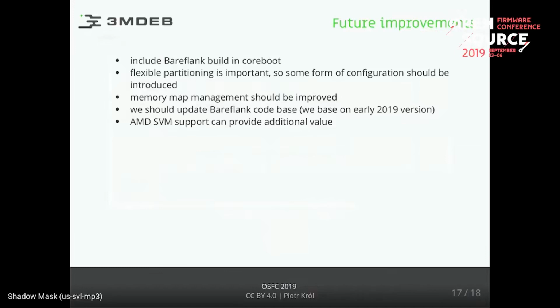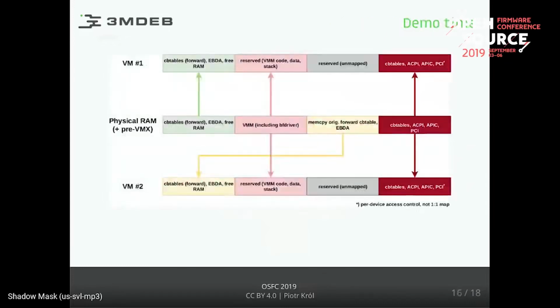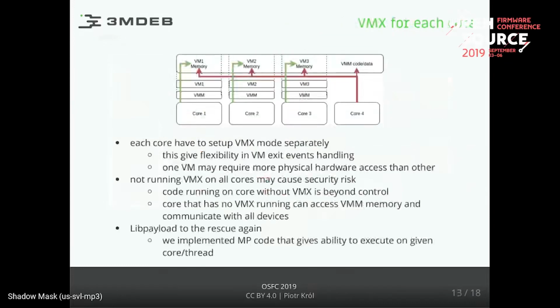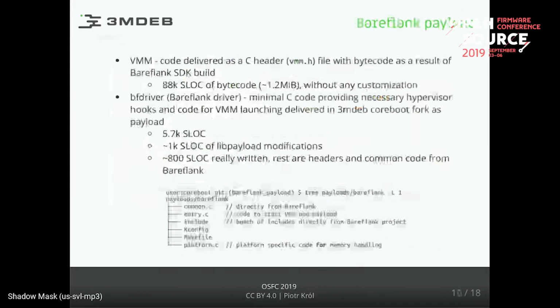I missed the beginning of the presentation, so I don't know what the size of Bearflank is compared to Xen, for example. I don't know if we can compare, and if we should, this is completely different. So 1.2 meg VMM and 6,000 lines of code of the driver.